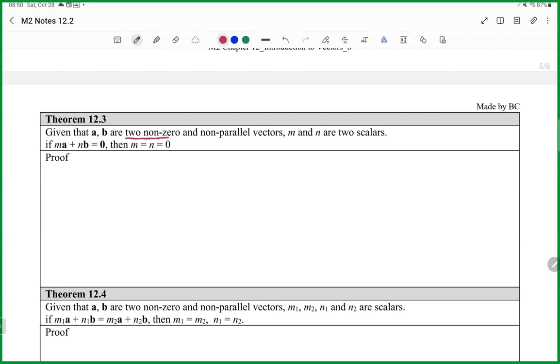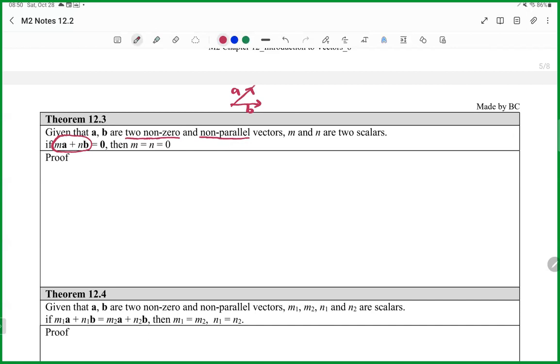If their combination is a zero vector, this is a combination, which I will extend A.